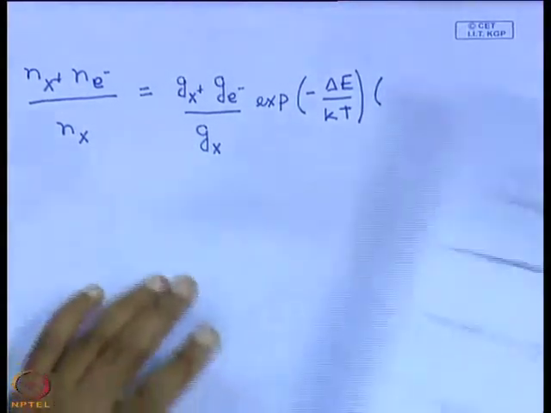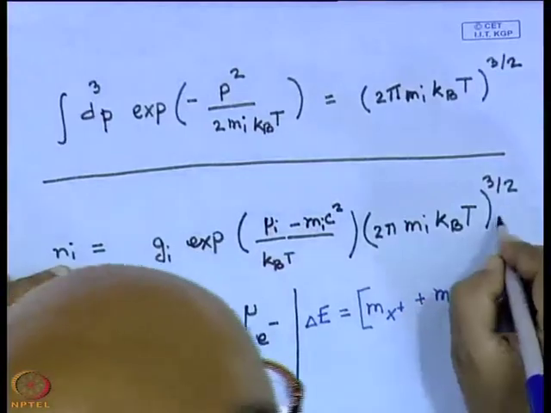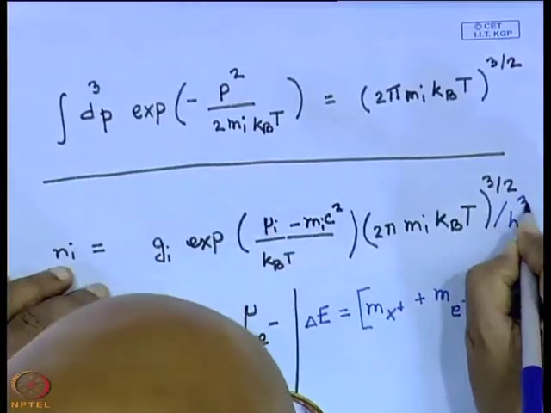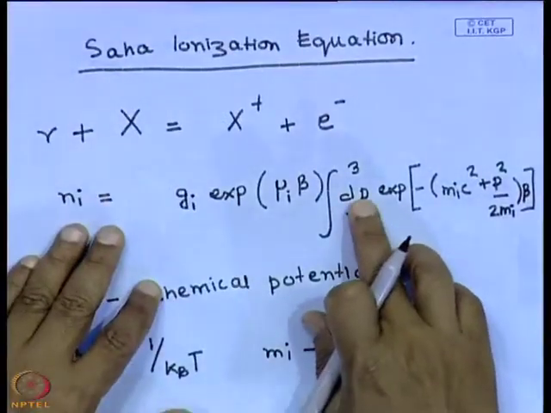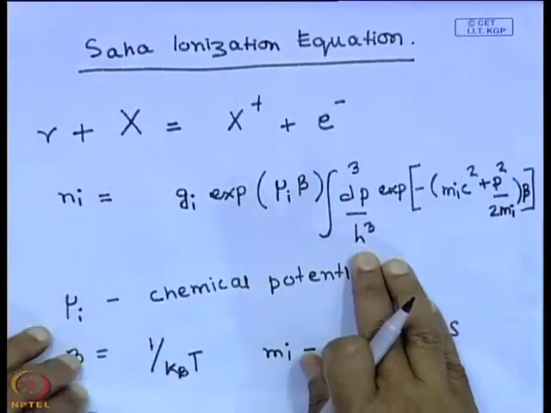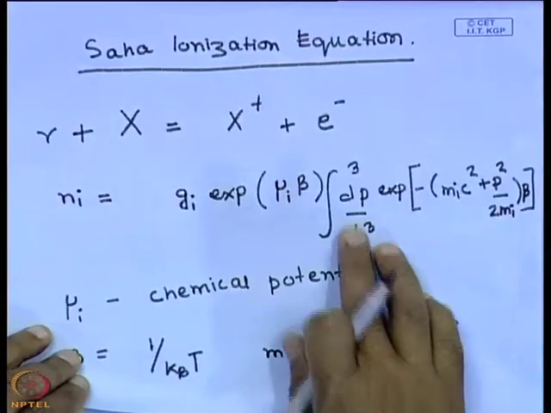oh, there should be a factor of h cube here, which I have forgotten to write down. The h cube comes from the phase space counting, right. You have to count per unit volume in phase space, which is h cube.